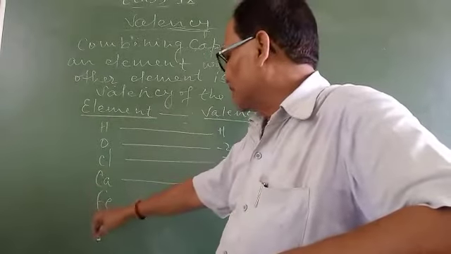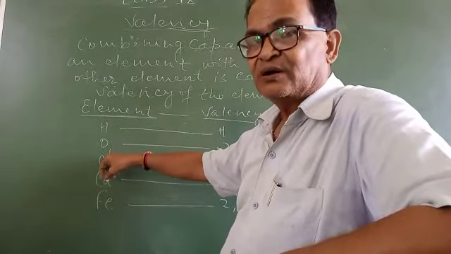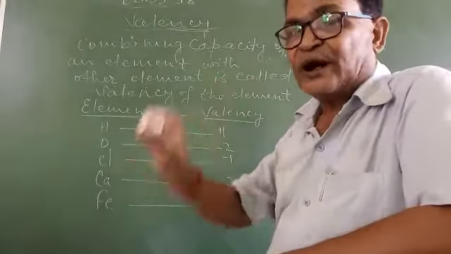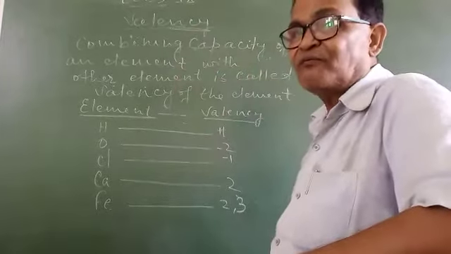It means iron can combine with 3 atoms of chlorine to form iron chloride. It is the traditional definition of valency.